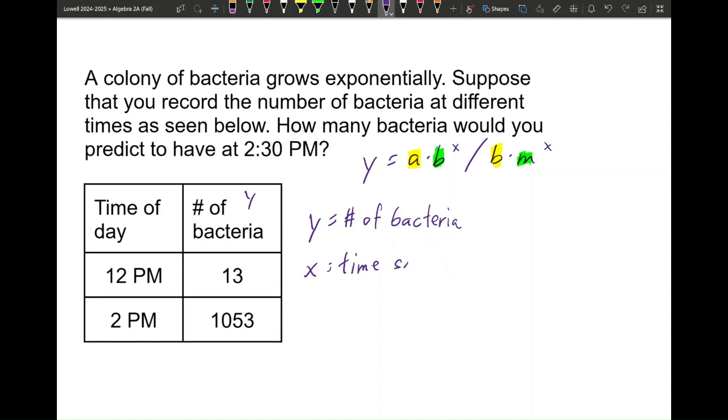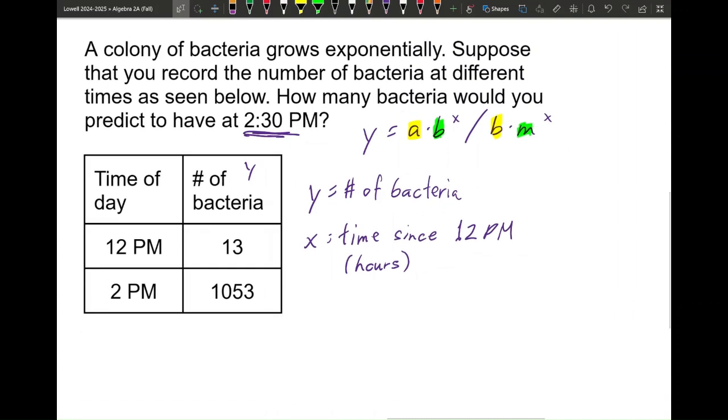We don't actually know when we started the experiment, but that's not relevant. What is important is what our time is when we get to 2:30. So I'm going to say that x represents time since noon, or 12 p.m., and I'm going to assume the units are hours. This can be done in other ways; there's no reason you couldn't do minutes or half hours, but I'm going to use hours here.